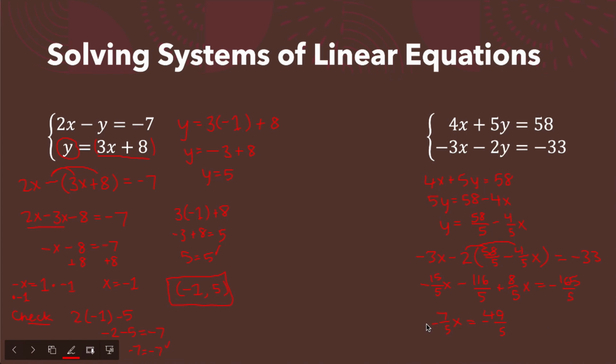Now we multiply both of these by -5/7, since that is the same as dividing by -7/5.